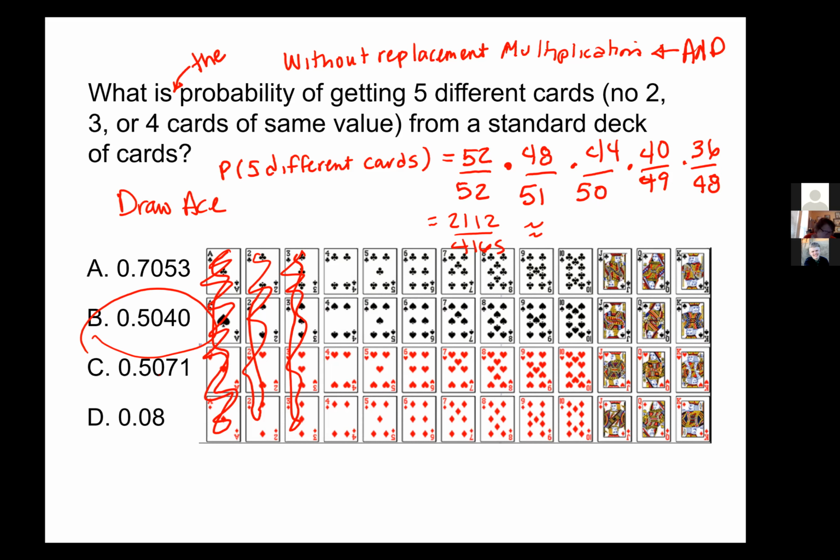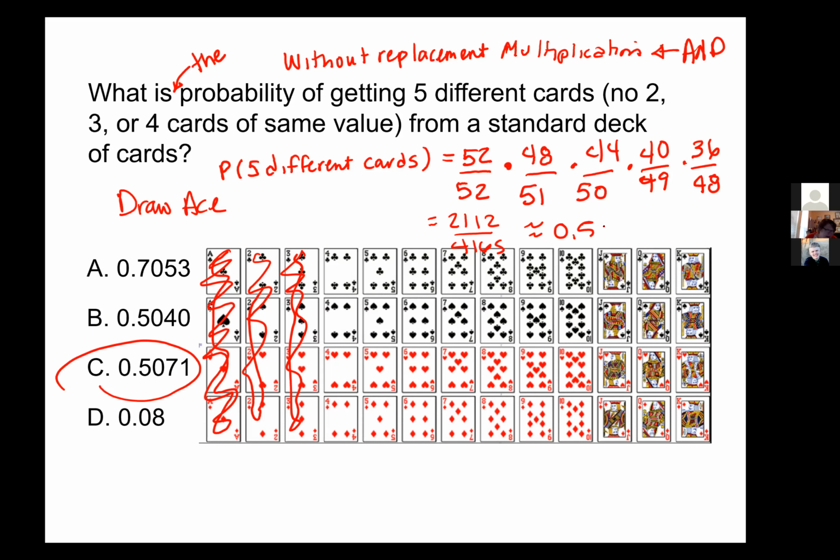52, 48, 44, 40, 36, 52, 51, 50, 49. I've done something wrong. Does anybody see what I've done wrong? I don't know what I did wrong. It's this number here. 5071, approximately. Okay.